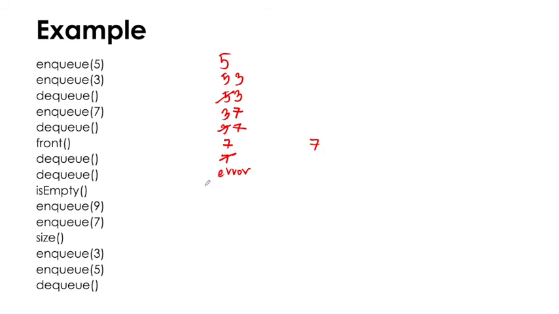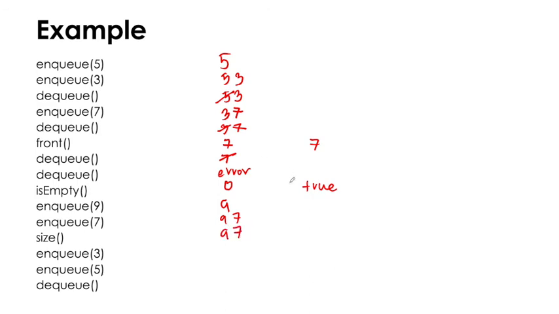Okay? And the next one is is empty. So, as I've said, there's no more value inside the queue or no more data. So this will return a true value. Then enqueue 9, and then next enqueue 7, and then it will check its size.